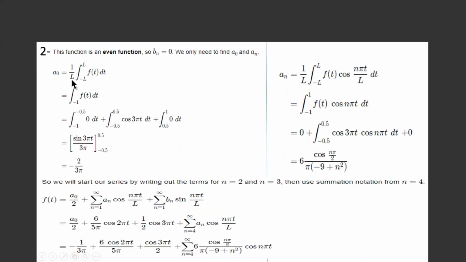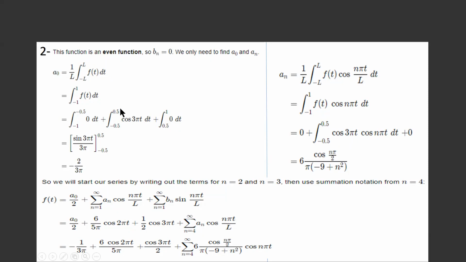It is 2 over T, or you can write it 1 over L, integral from minus L to L of f of t dt. My boundary is from minus 1 to 1, f of t dt. I cannot integrate directly from minus 1 to 1 because my function is 0 from minus 1 to minus half, my function from minus half to half is cosine 3 pi t, and my function from half to 1 is 0.